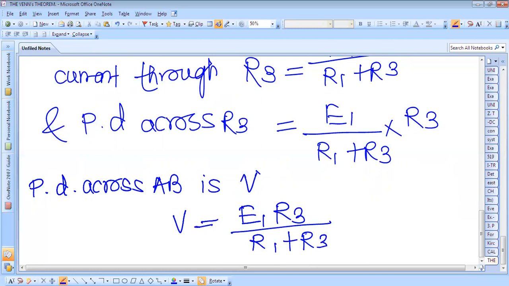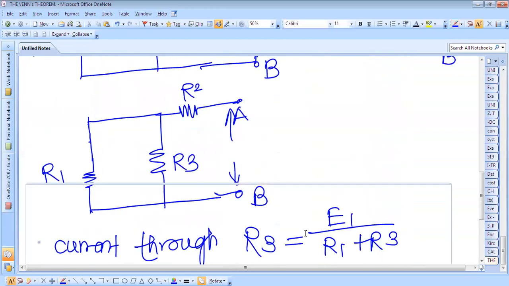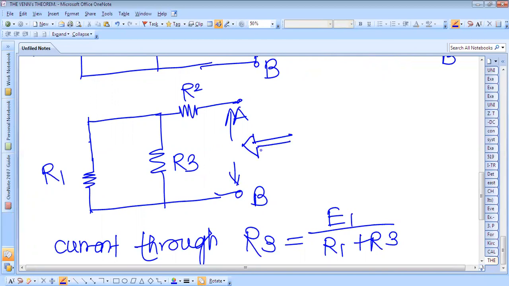So this is the last circuit. The load is removed and the battery is replaced by its internal resistance. As there is no internal resistance, the circuit will be like this. Here we have to find the internal resistance of the circuit. These two are connected in parallel, and the parallel combination is connected in series with R2.